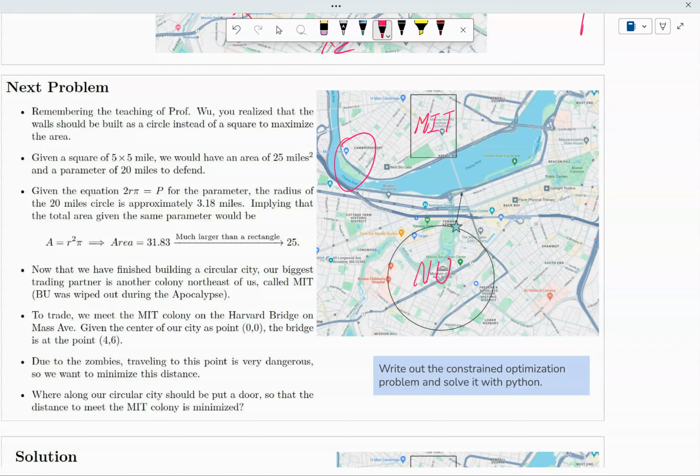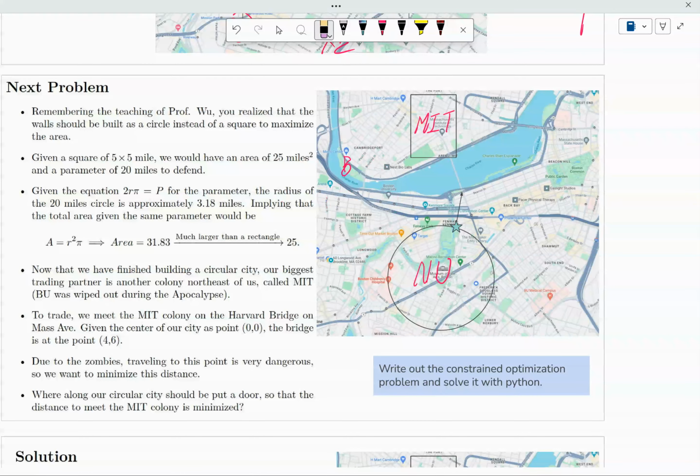The BU colony was destroyed. We used to be friends. No, actually, we were never friends. BU is here, and they were destroyed, and therefore in Northeastern, we basically hold most of the refugees from the BU colony.